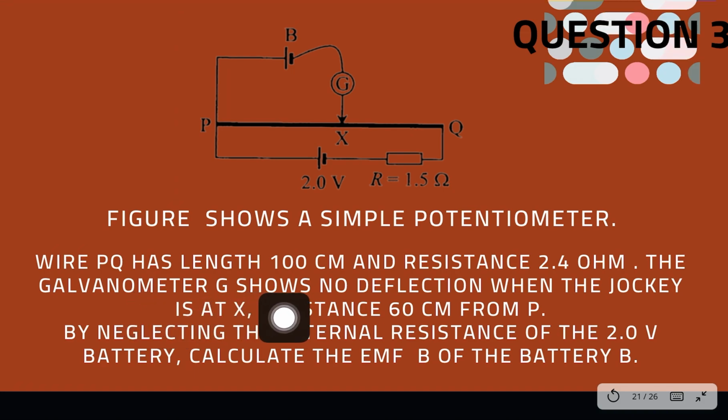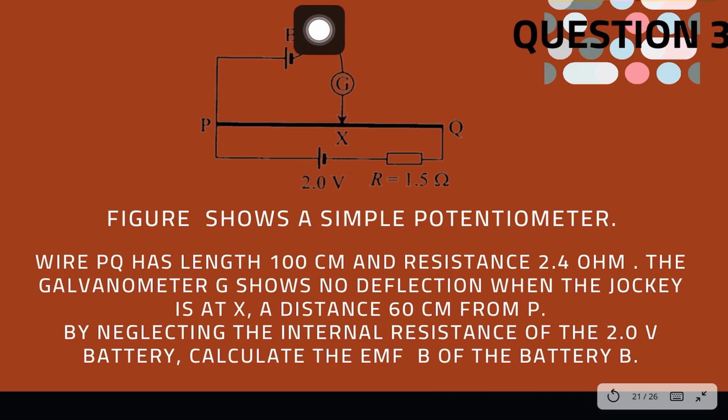The galvanometer G shows no deflection when the jockey is at X. So here at point X, when we put the jockey here, the reading for the galvanometer is equals to 0, where the distance is 60 cm from P. By neglecting the internal resistance of the 2 volt battery, calculate the EMF B of the battery B.